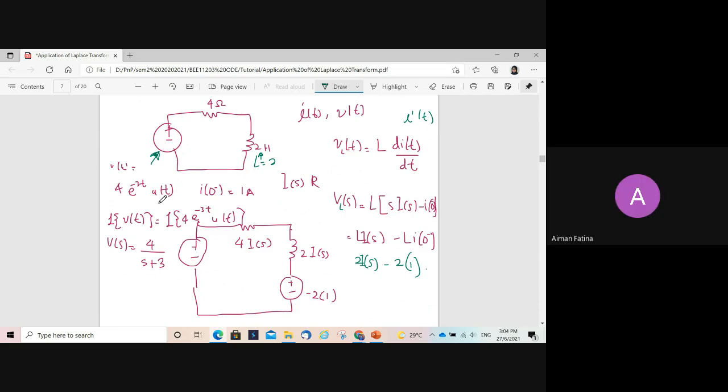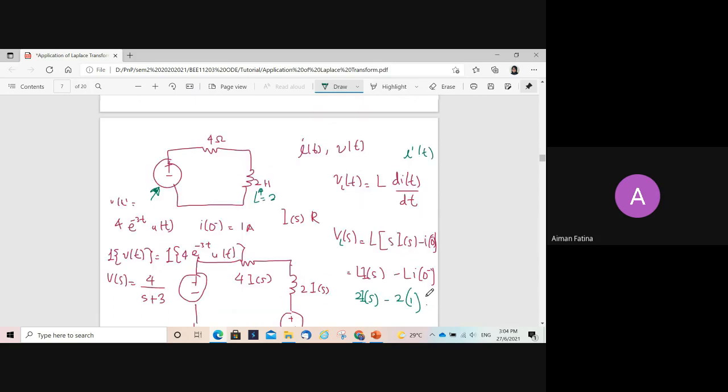Madam nak tanya lagi satu. Ya, saya. Dekat voltage yang dekat inductor tu, tak boleh letak negatif 2 je sebab itu dalam kurungan kan 1? Tadi negatif 2 saja. Boleh kan? Okey. Lepas tu, ni inductor, dia memang akan ada 2 source. Kalau capacitor tadi 1.